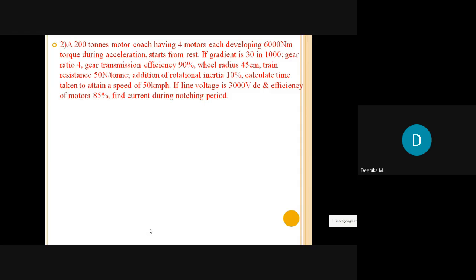Wheel radius they have given 45 centimeter, but in the torque formula we have the diameter, so we have to convert it into diameter, that is 45 into 2, which is 90 centimeter, which is nothing but 0.9 meter, and R is nothing but 50 Newton per ton.